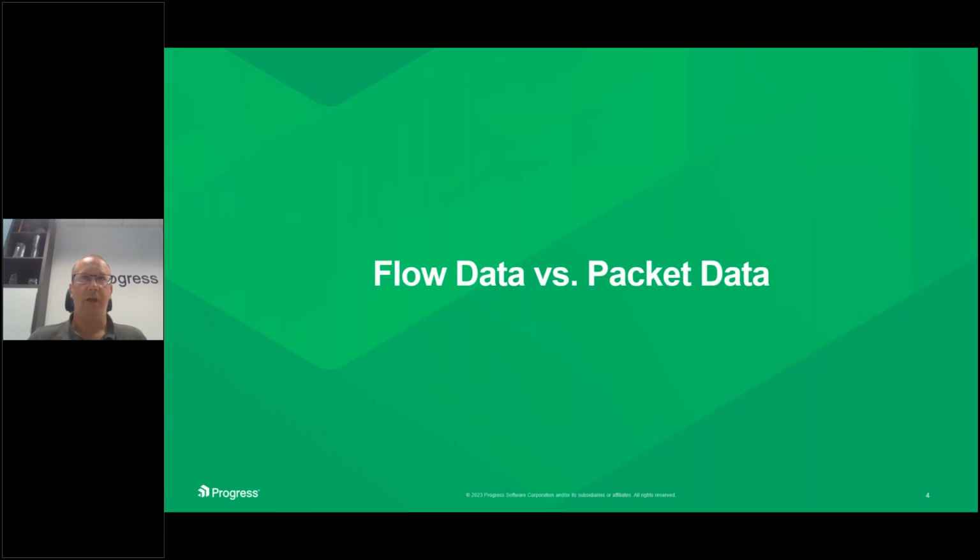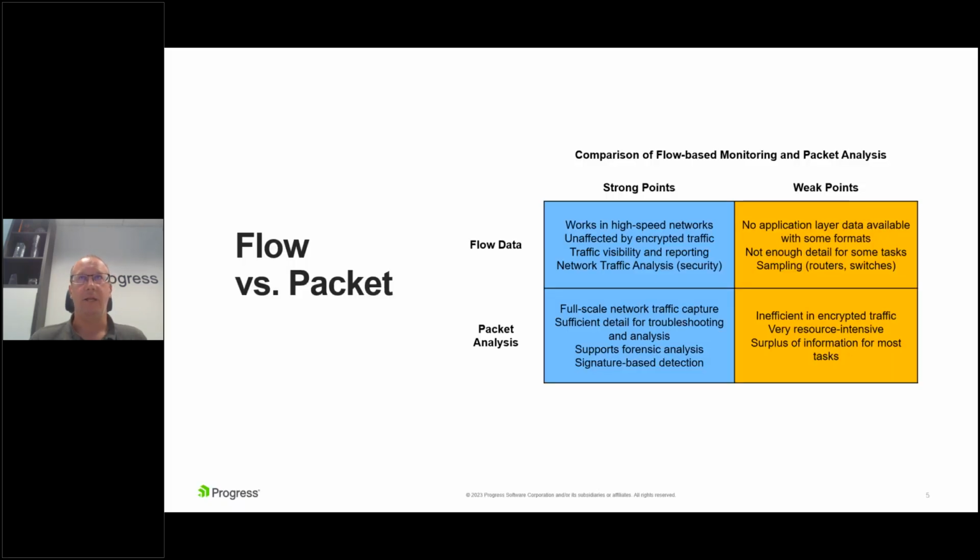So let me start with explaining flow data versus packet data. The traditional approach to network performance monitoring and diagnostics is using continuous packet capture tools that are recording all network traffic, which means that it's a fairly heavy approach because you need a lot of storage and a lot of resources to be able to capture all the network traffic, and you're only able to provide very limited history.